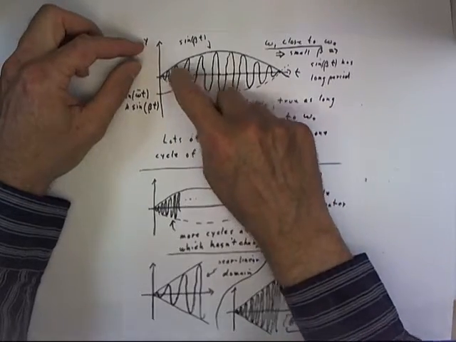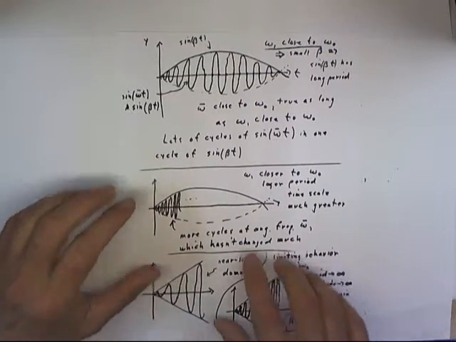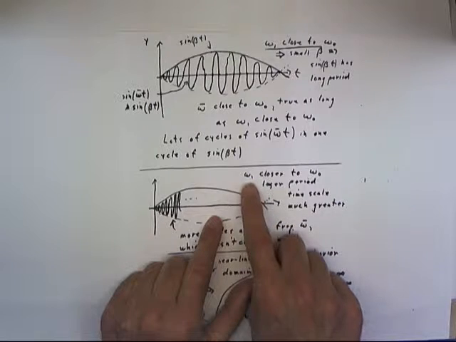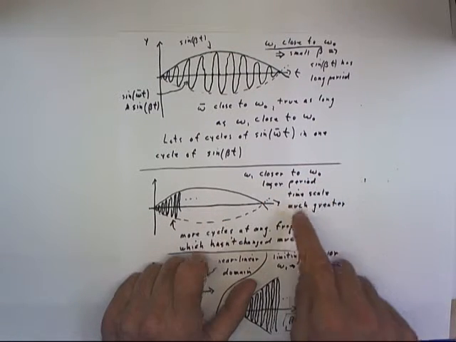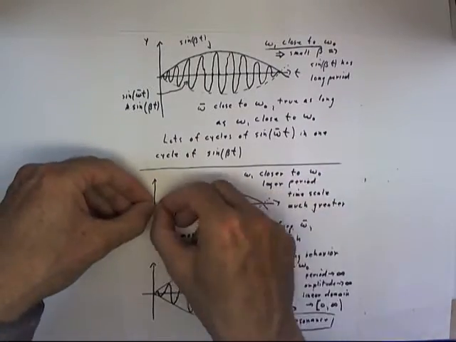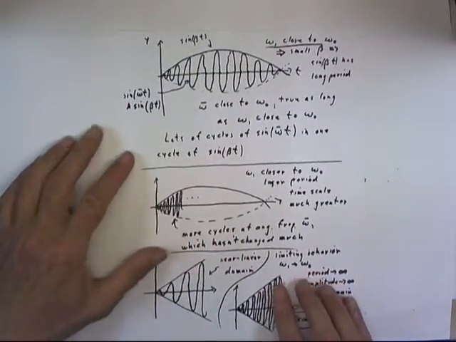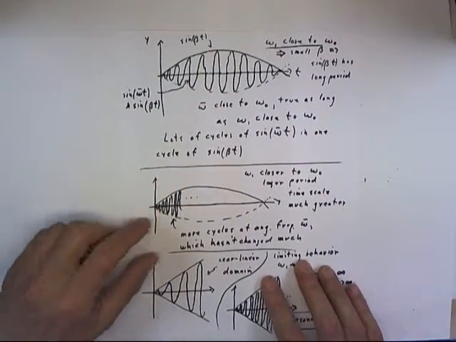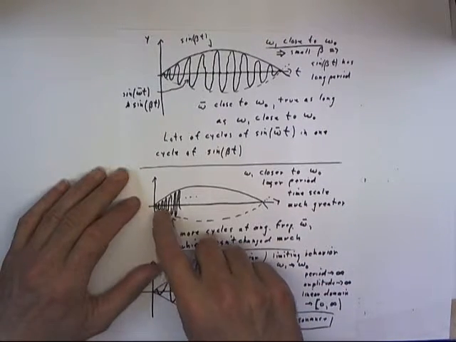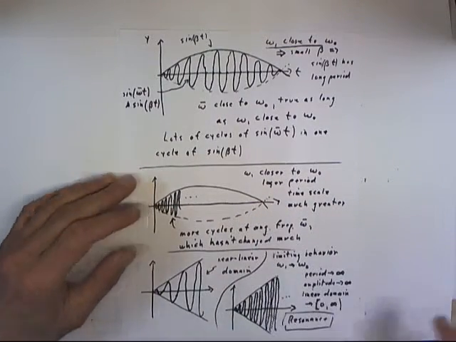The time scale of these oscillations is going to remain constant, so that we could begin to depict the situation when omega 1 is closer to omega naught. We're going to have a longer period. Time scale is going to be greater, so that the time scale from here to here is going to be longer than it is from here to here. The period of the sine of omega bar t is not going to change appreciably, so that there are going to be more of these inside of a half cycle of the sine of beta t.